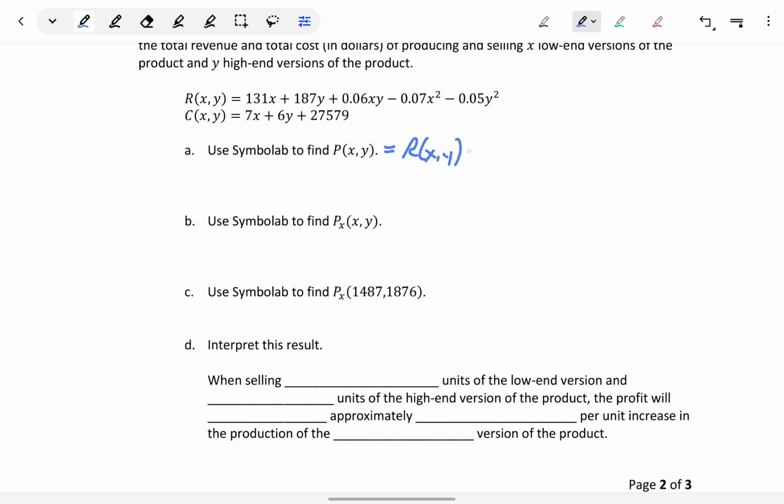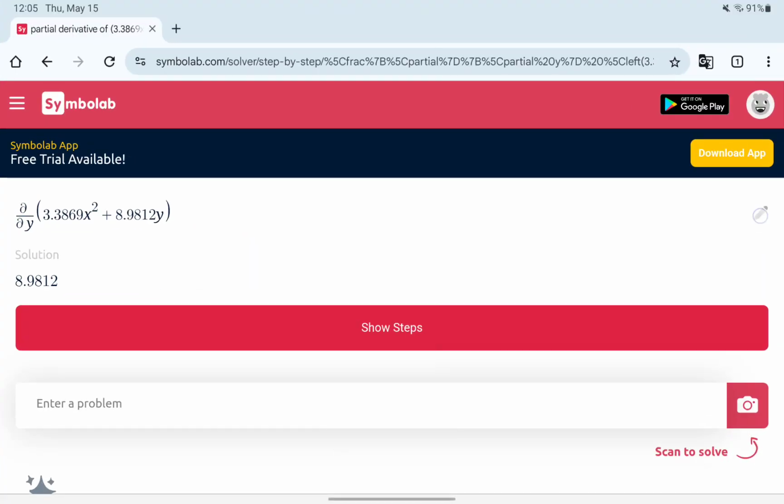Keeping in mind that profit is equal to revenue minus cost, the first thing that we need to do in Symbolab is take the difference of these two functions.